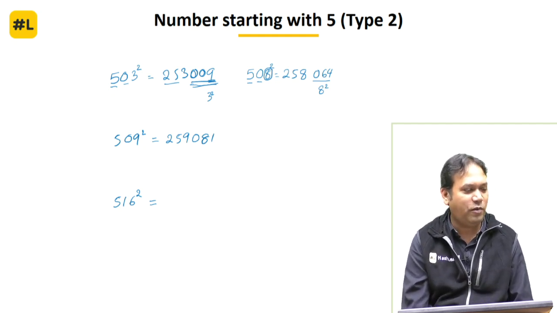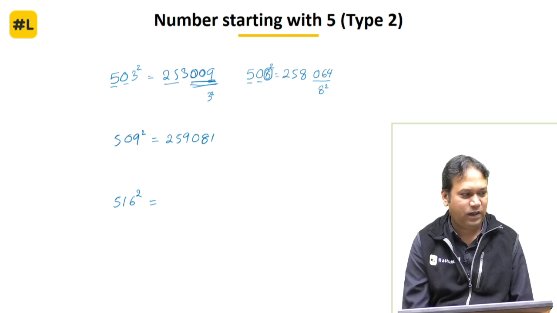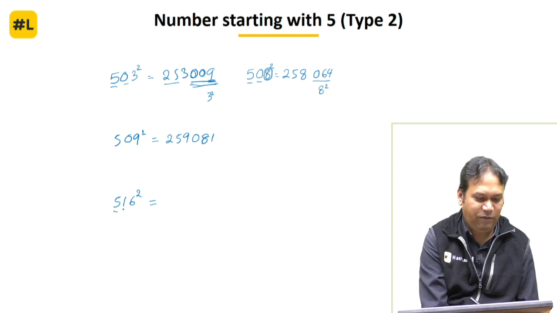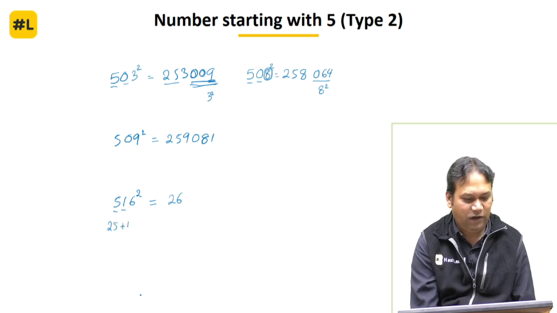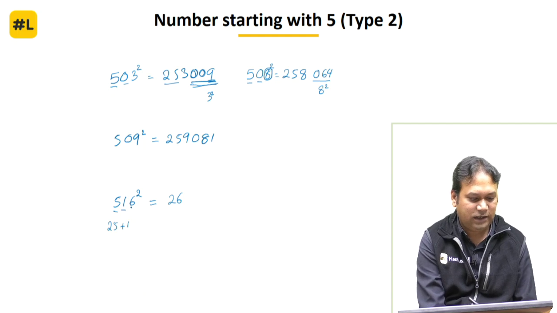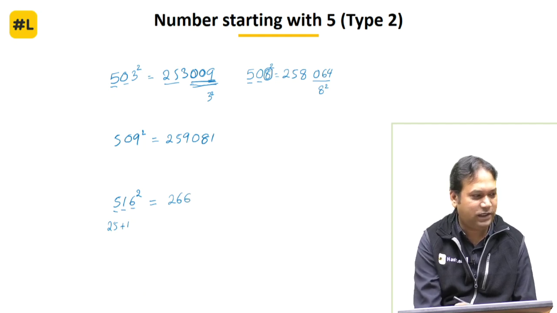Any doubt? Post a comment. 516 square. Someone post a comment quickly. 516 square. 25 plus 1, 26. So again you see 25, very good Aditya. 25 plus 1, 26. 6 comes at the center, 266.